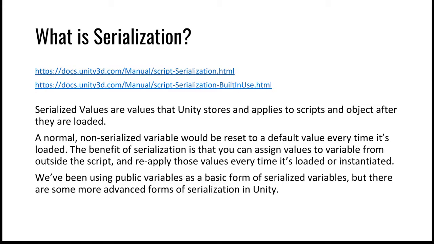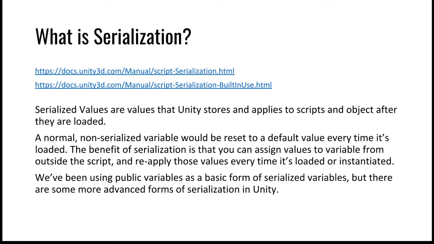That's a really big, stupid word, so what is it? I have some links to the documentation if you want to read more on it, but basically the concept is serialized values are values that Unity stores in the editor somewhere and then reapplies to your script whenever it is reloaded. So by default, say you have a variable in your script and you set it to say 2.